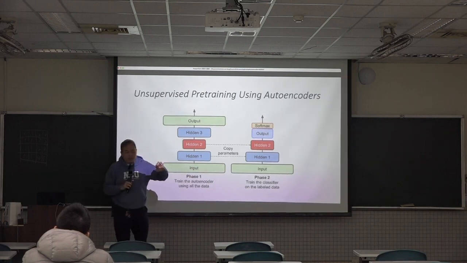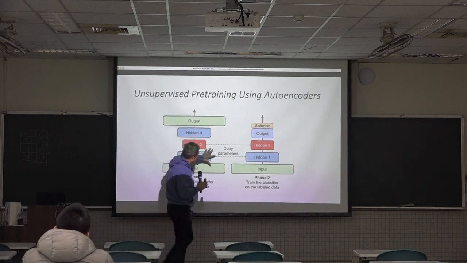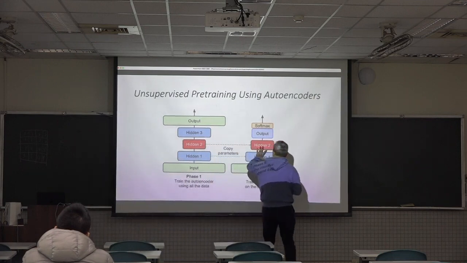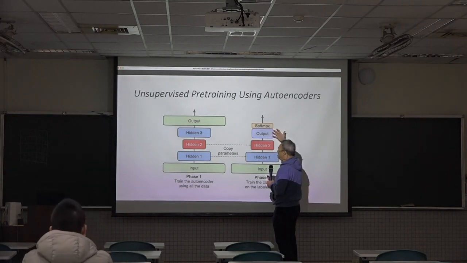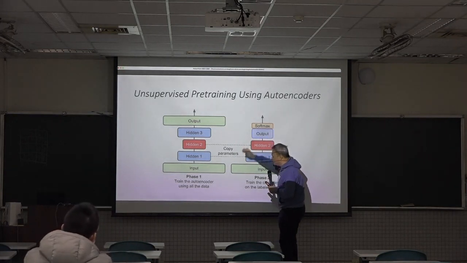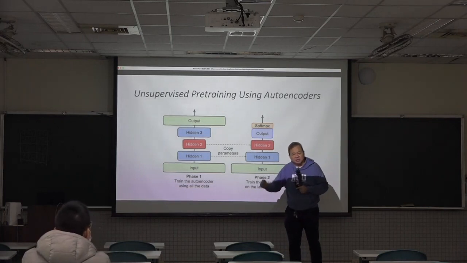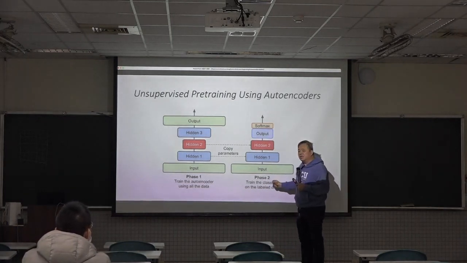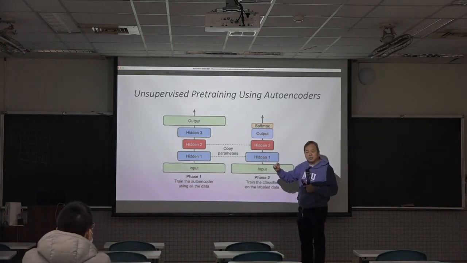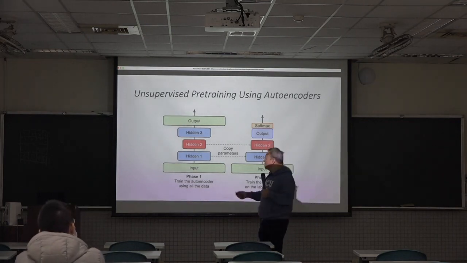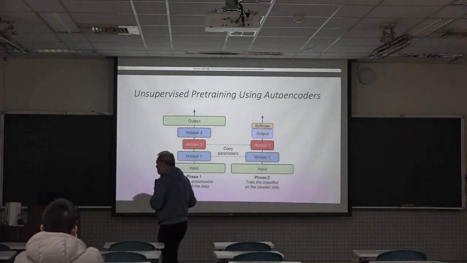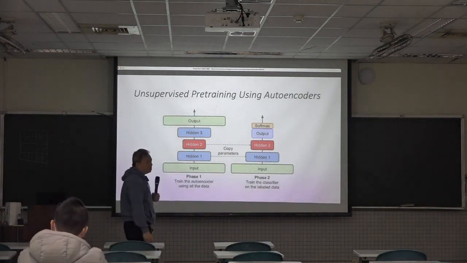So you can copy the weights to here, and then add maybe one more layer as the output layer, and use the limited amount of labeled training data to train this model. This is kind of just like transfer learning. This is called unsupervised pre-training using autoencoder.